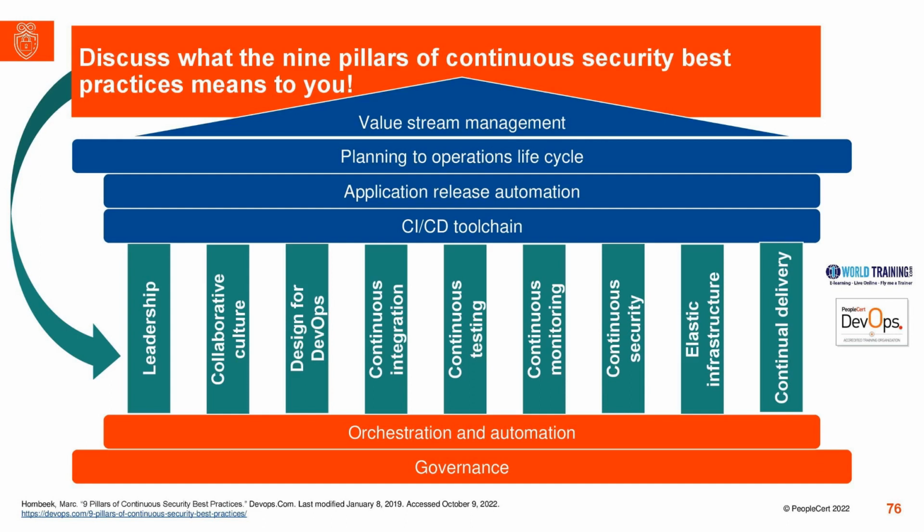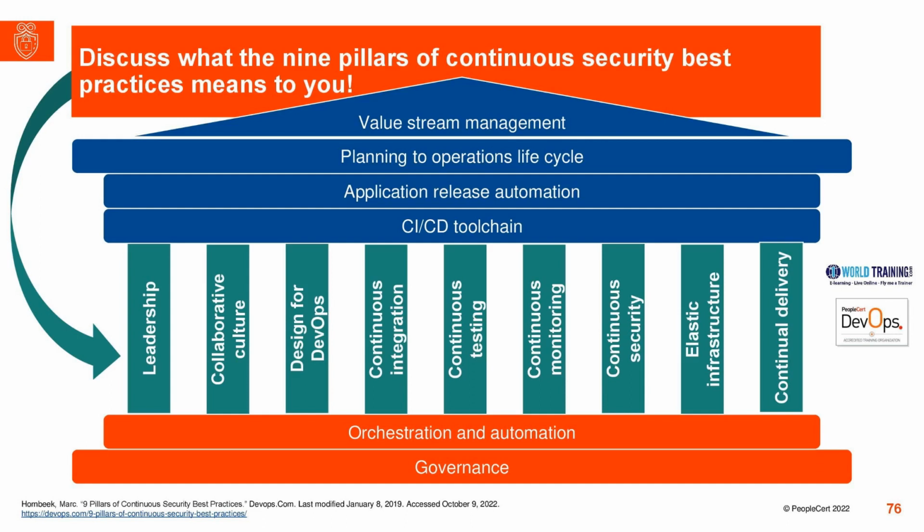When we talk precisely about the 9 pillars, let's start with leadership. So leadership is all about understanding and sponsoring a clear vision and the security of the overall practices. So we are here predominantly talking about everything and anything about security.